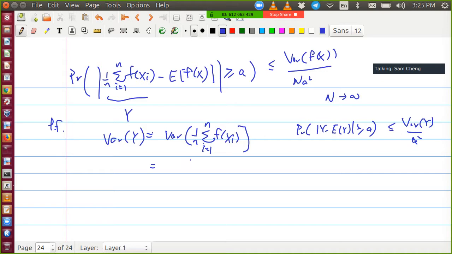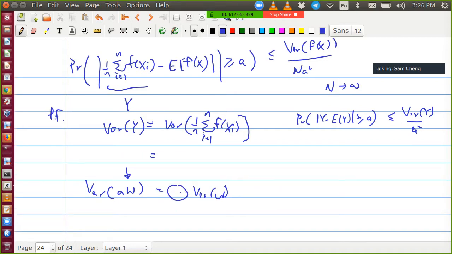Now this is equal to this. I think if you first time see this, you have to be very careful. Let's say this is a random variable. Variance of aW, you might expect would be a times variance of w. No, it's not times a, actually.